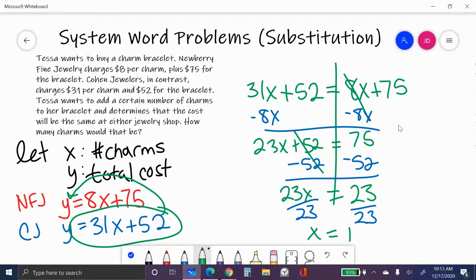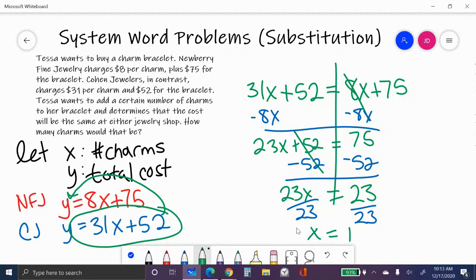So we have x. What does that mean? That means the number of charms. And what's the question asking? How many charms would that be? We just found our answer. The number of charms. We don't need to find the total cost. If we wanted to, we could plug it in and figure it out. 8 times 1 plus 75 is 83, and 31 times 1 plus 52 is also 83. So $83 would be the total cost.